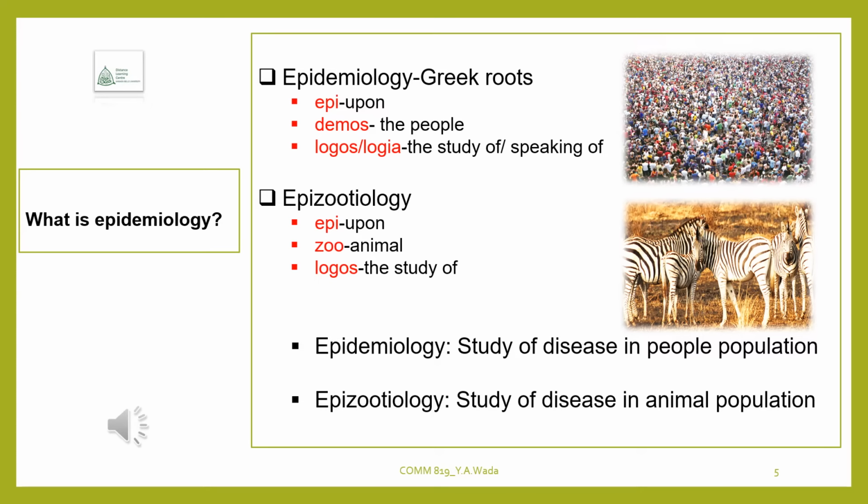A mathematician for maybe modeling of infectious diseases. You need the knowledge of the zoologist to tell you more about the biology of the pathogen. You need the biologist to tell you about the ecology of the parasite. You need the microbiologist to tell you the identity of the pathogen. You need the vet to tell you more about the distribution of these diseases.